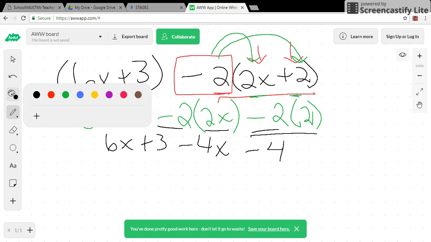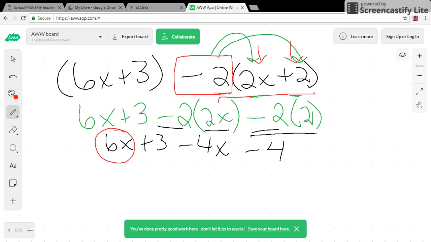At this point, we're doing fairly well with being able to say, okay, these are like terms, and these are like terms because they're constants. One thing that will help you with the positives and negatives, I've noticed, is if you look at the signs, if they are opposite signs, meaning I have a positive 6 here and a negative 4 here, if they're opposite signs, subtract.